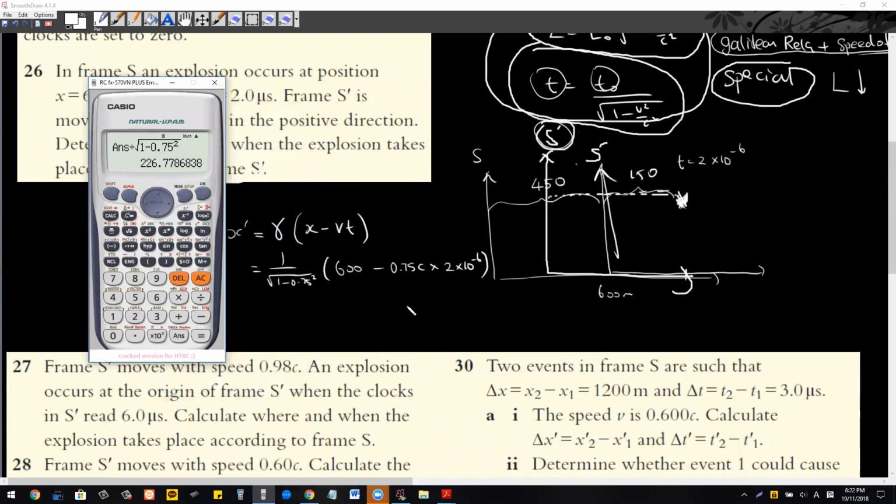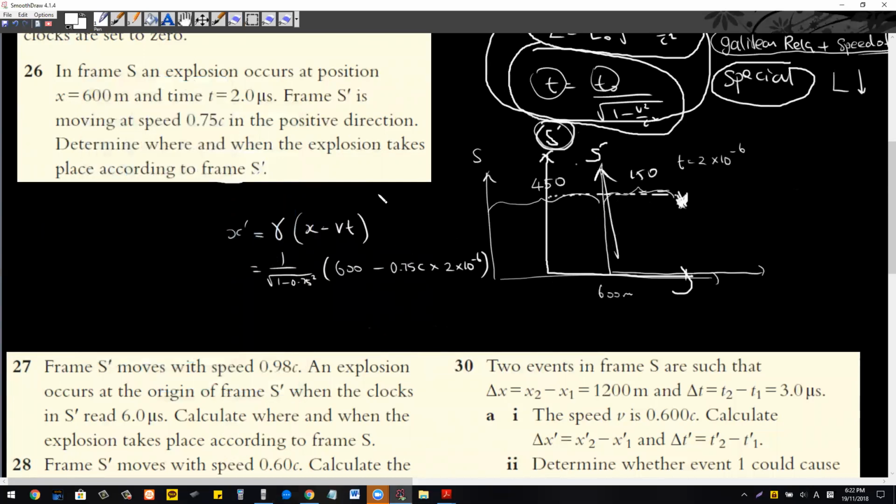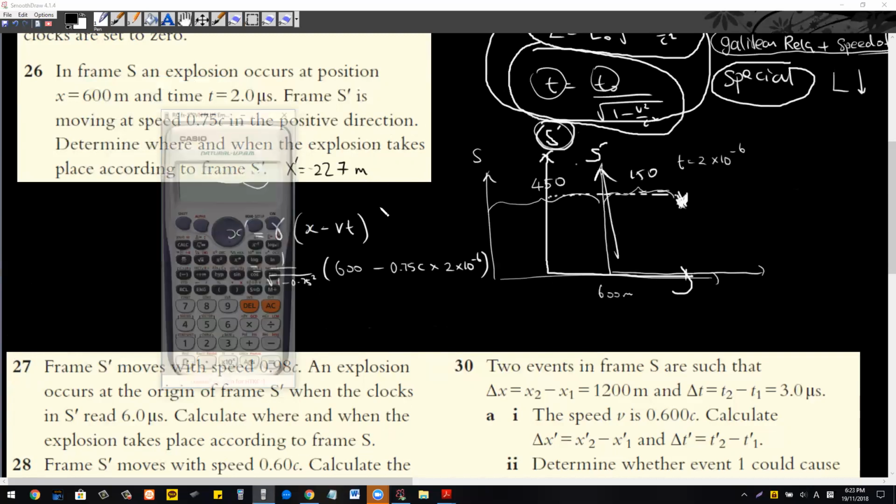The question is to determine where the explosion takes place according to the frame S dash. According to this frame, this event will take place at approximately 227 meters.